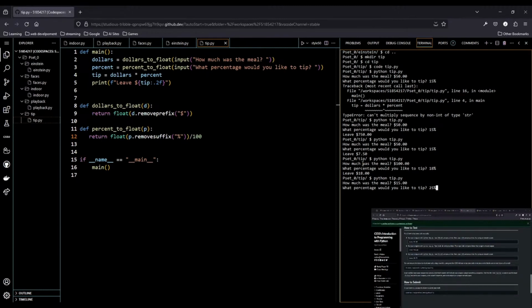Or the percentage sign, 375. Okay, we're good. And then we're going to go there, shift insert, and then we're just going to say tip. We're going to hit enter.